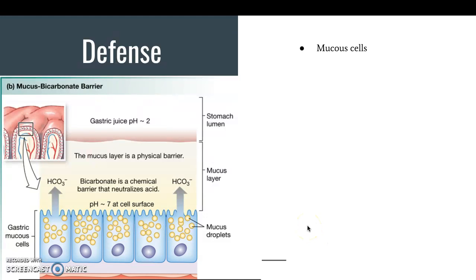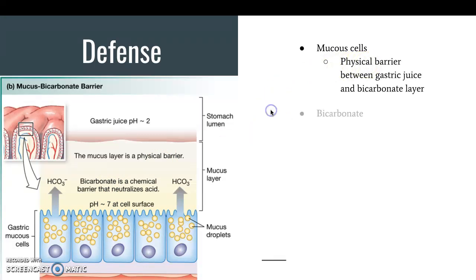So mucus cells are on the luminal surface and the neck of the gastric glands, and these glands secrete this mucus bicarbonate layer, and obviously you can see from the image that the bicarbonate layer lies underneath the mucus layer. So the mucus layer is the physical barrier between the gastric environment and the bicarbonate layer down there.